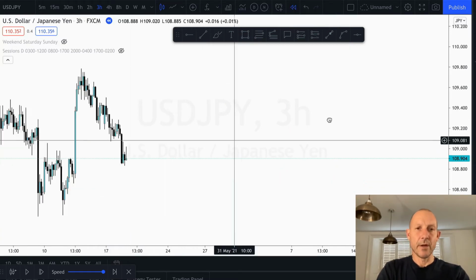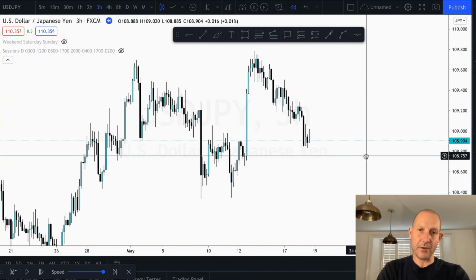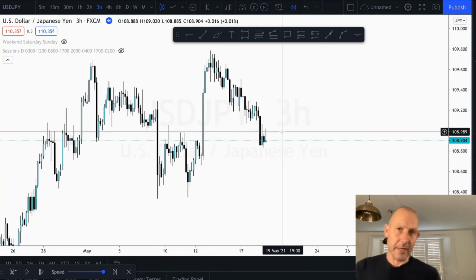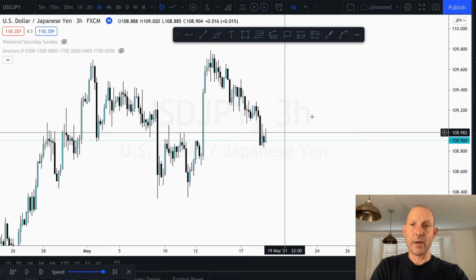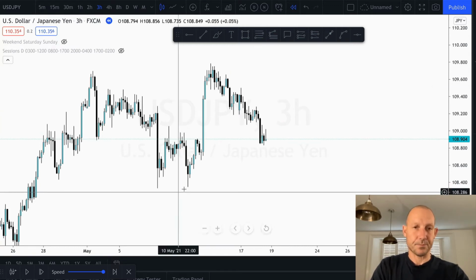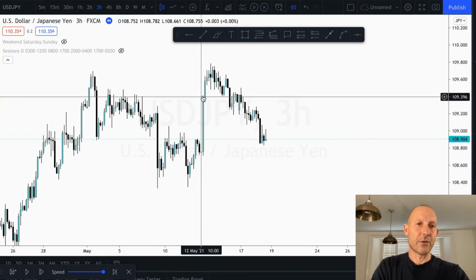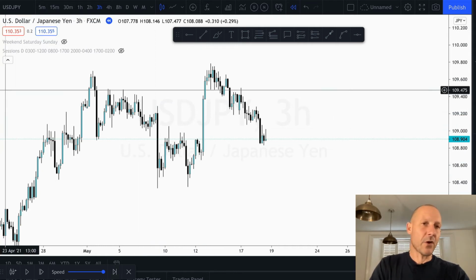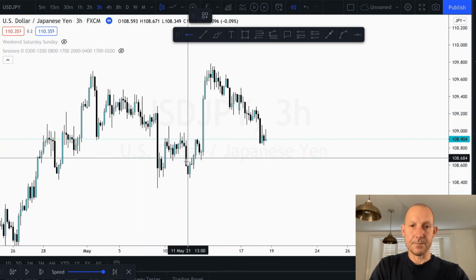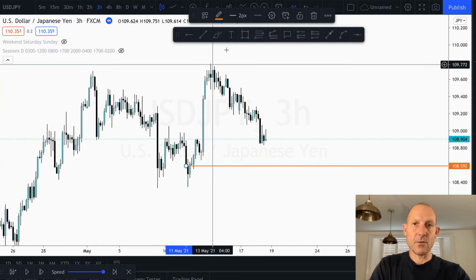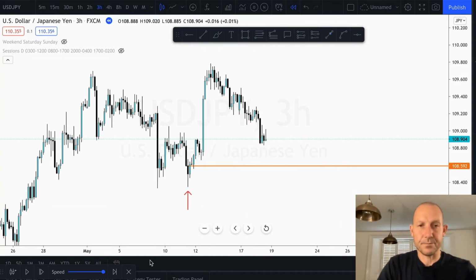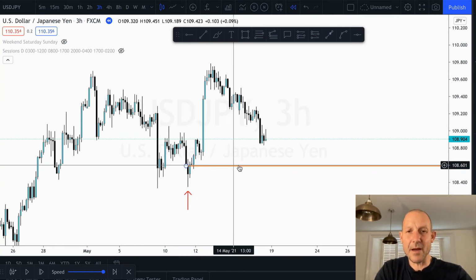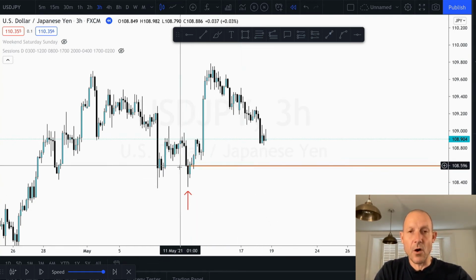Now I just want to show you how I would use that, okay? I trade smart money concepts. I'm not going into any trading as such in this video, but I just want to show you how I would use it. Let's just say we've got this order block here. What I've done is put a line at the open of this order block.